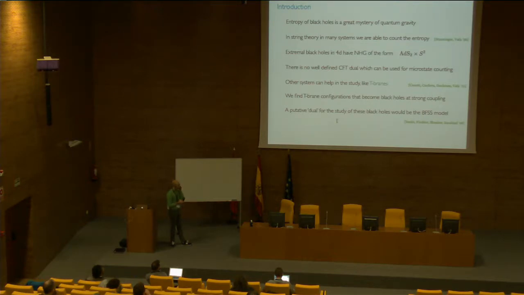So this leads to a way to say that possibly a dual description for this kind of black holes could be given by matrix models, in particular the BFSS model, that was introduced back in the 90s to give a full description of M theory.